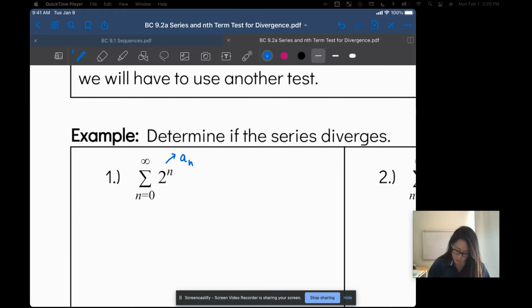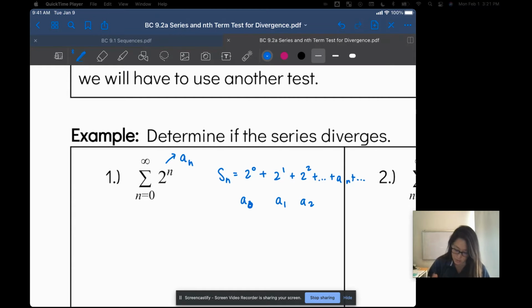Remember, if we had s sub n, we are going to say that's equal to a sub 0, because we're starting with 0, so 2 to the 0, plus a sub 1, which is 2 to the 1, plus a sub 2, which is 2 to the 2, plus this is going to go on to infinity and beyond.